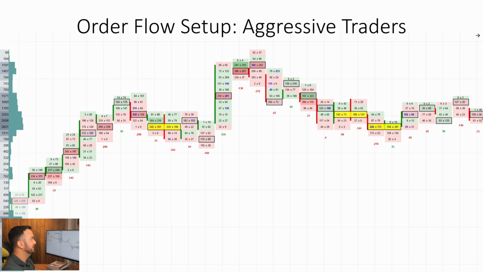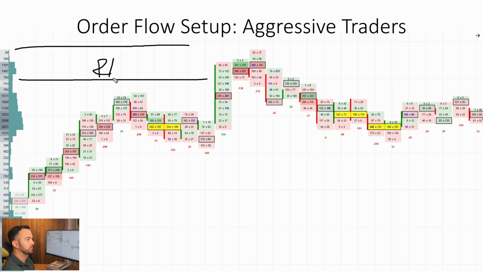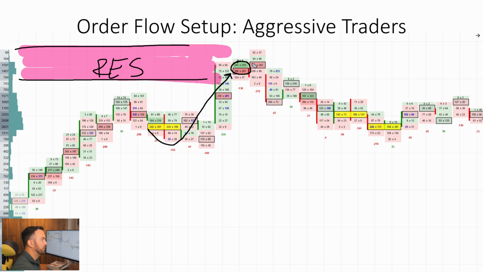So again, let's imagine that there was a resistance here, and when the price hit that resistance, there was some kind of absorption, but that's not really what I want to focus on now. I want to focus on what happened next, and that's aggressive sellers. Heavy volumes on bid, right here.